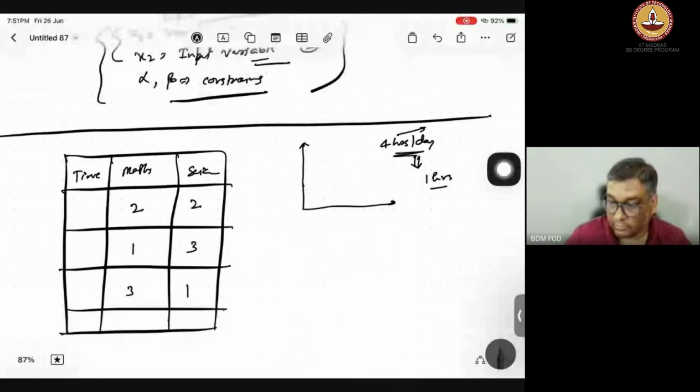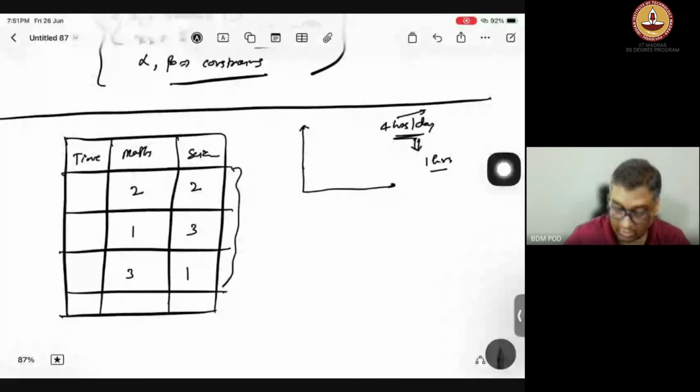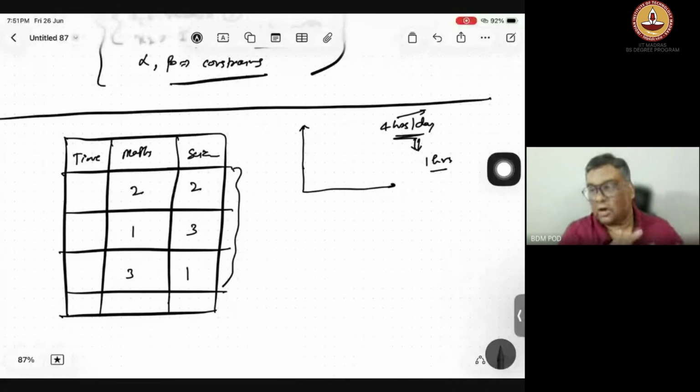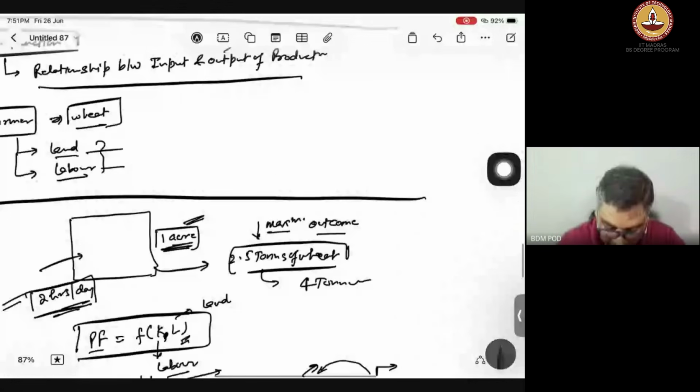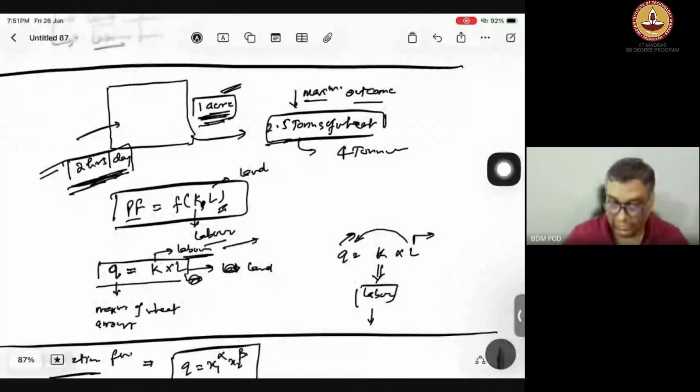So what you are doing here is changing the inputs. Based on the inputs, he is going to manage the output, because he has fixed hours here. Similarly, if he has 2 hours per day and 1 acre of land, he's producing 2 tons of wheat.